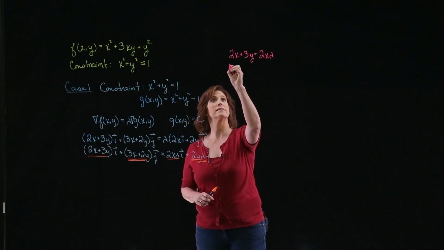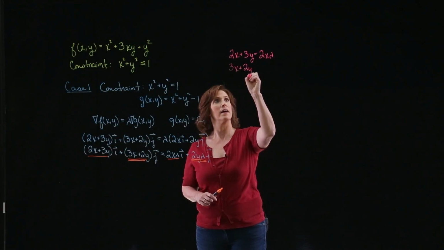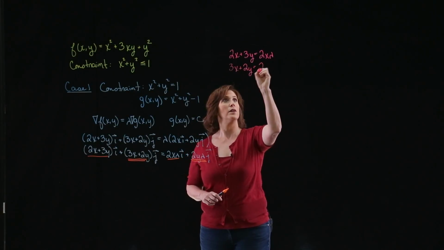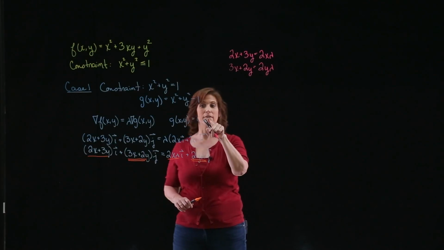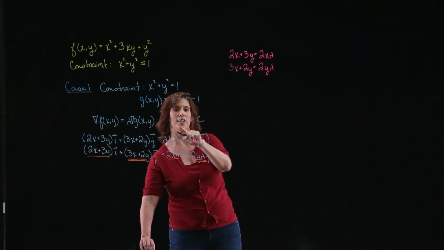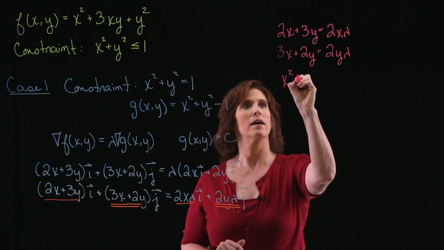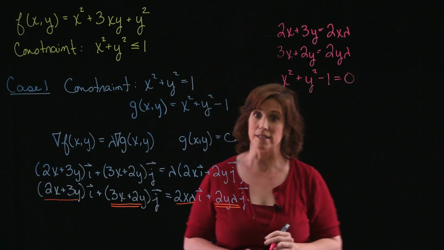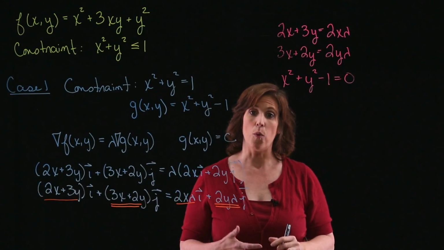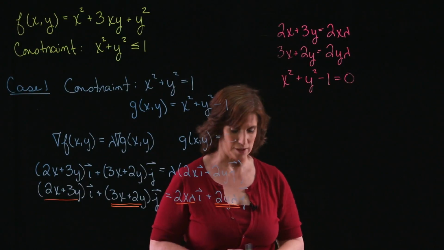So I have 3x + 2y = 2y lambda. And I also have my equation that g(x,y) has to equal a constant. So I know that x² + y² - 1 = 0. And now I have three equations with three unknowns.